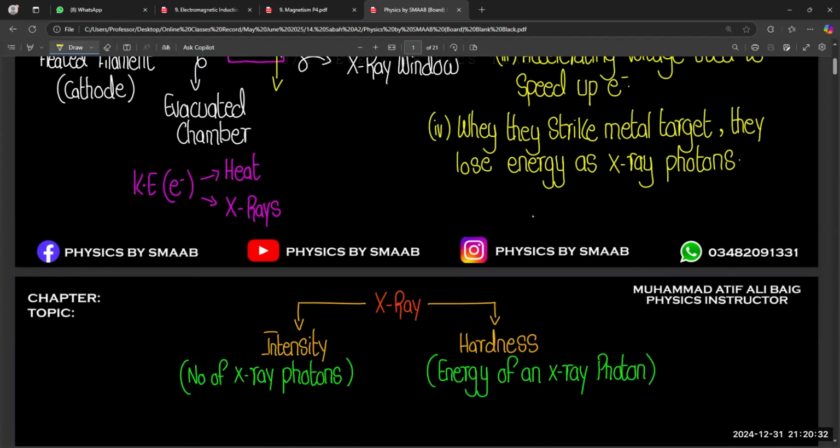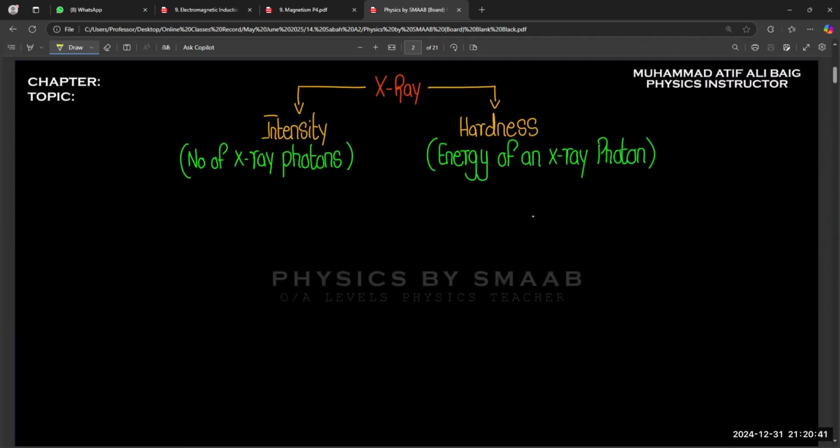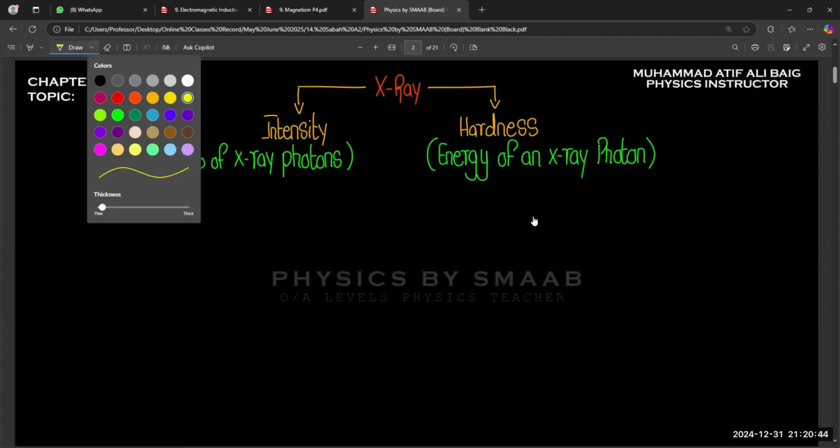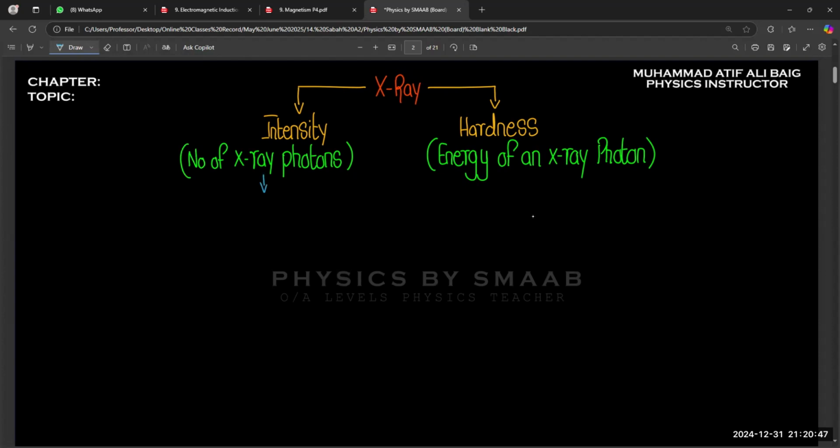And now the intensity of the X-ray and the hardness of the X-ray. Intensity depends upon the number of X-ray photons. Further, if we break down these two ideas, the number of X-ray photons depends upon the number of incident electrons. If there is a greater number of incident electrons, we will definitely get a greater number of X-ray photons.